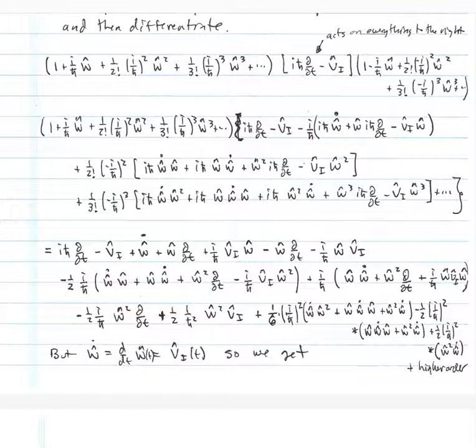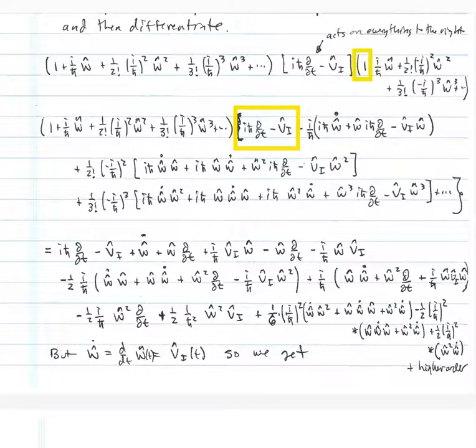Okay, so the first thing we're going to do is act that derivative and the minus vi operator on the exponential factor on the right. So the first term is going to be i h bar d by dt. That's the term that corresponds to i h bar d by dt acting on the 1 operator.